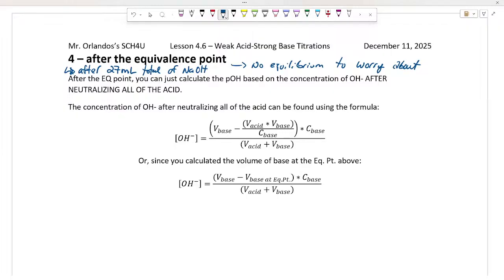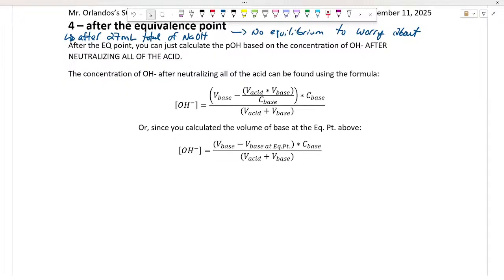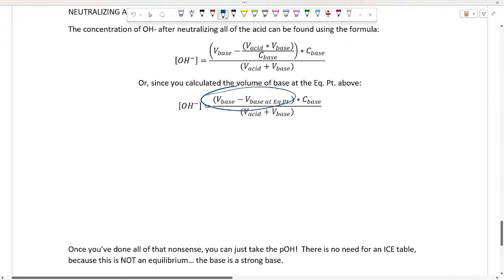Our equivalence point was how many mils again? 20. So how many mils past that have we added? The equivalence point was 20. We've had a total of 27 mils. So we're how far past the equivalence point? 7 mils. That's all this bit of math is doing.